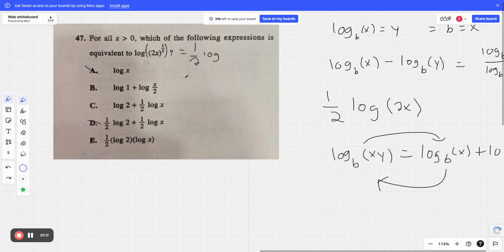But essentially, we know that we can put 1/2 in front of log base 10, and we can keep the 2x for now. And from here, it's very simple. We just split this one more time, log, and we know we have the 2, and because this is 2 times x, we can add and split it like this.